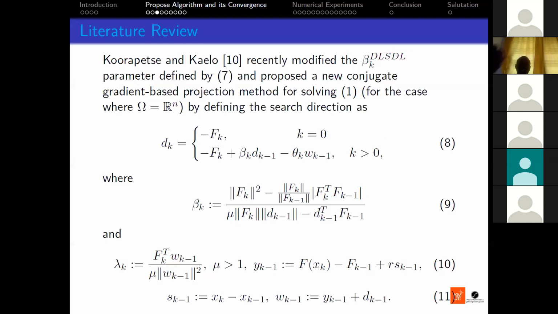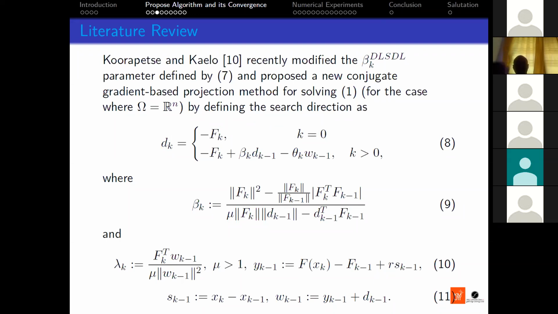So these are the motivations behind adding this third term, and that is why we call the algorithm a three-term algorithm. So our motivation is from the paper of Zheng and the paper by Kuraptse and Kylo. If we observe in the paper of Kuraptse and Kylo, they considered the parameter defined by 7 in the paper of Zheng and modified it to solve problem 1. Now, after reading the paper of Kuraptse, I was opportune to review the paper.